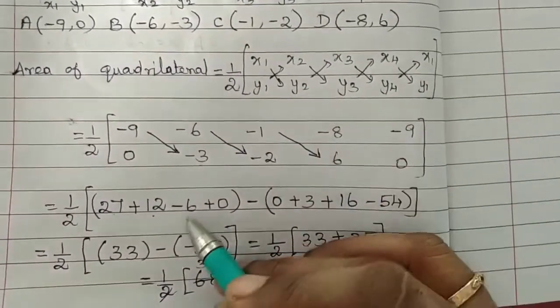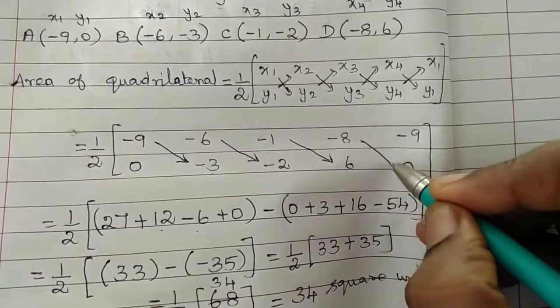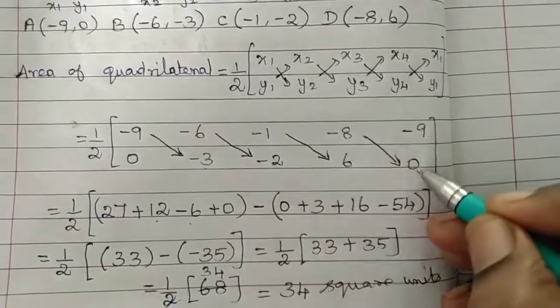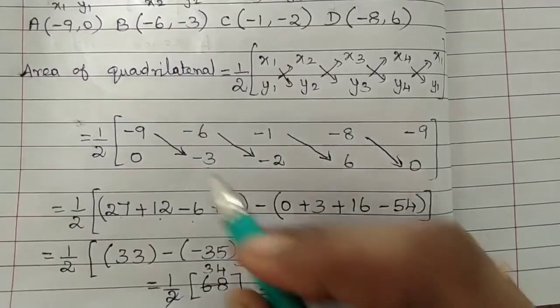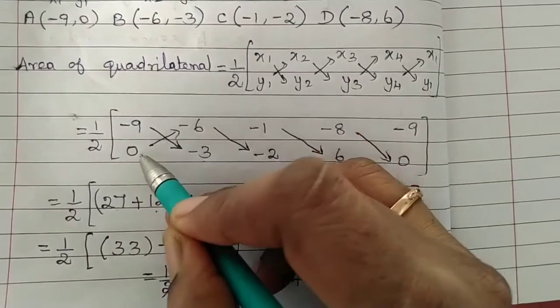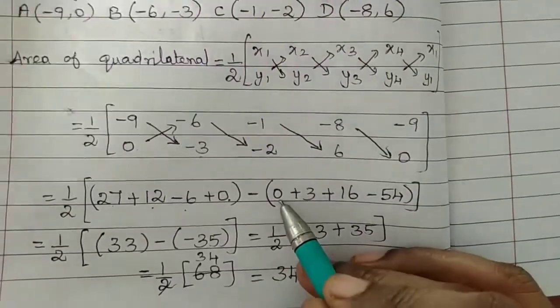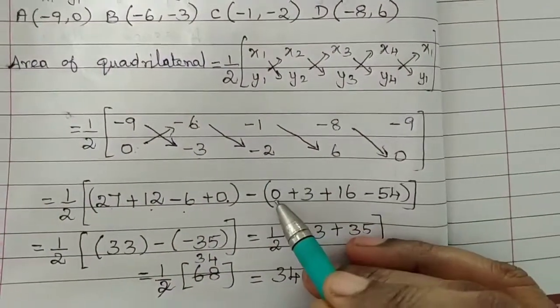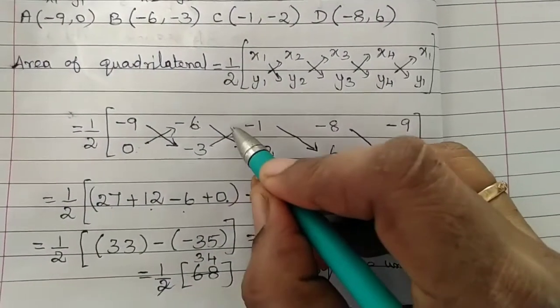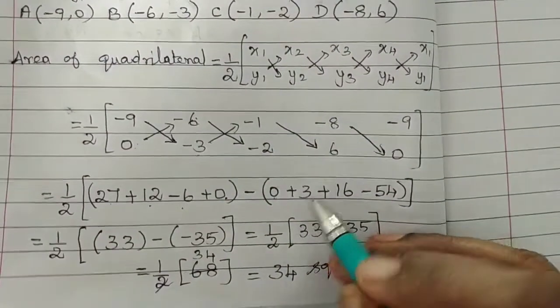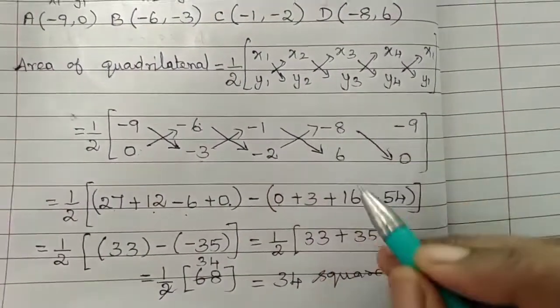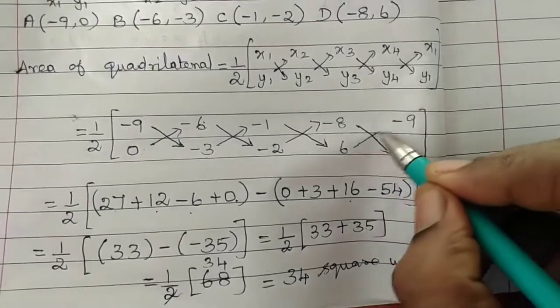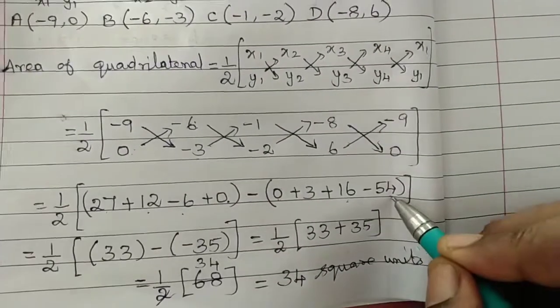6 into minus 6, 0 into minus 8, 0. Minus, multiply this side, 0 into minus 6, 0. Any number multiplied by 0 we get 0. Minus 3 into minus 1 plus 3, minus 2 into minus 8 plus 16, 6 into minus 9 minus 54.